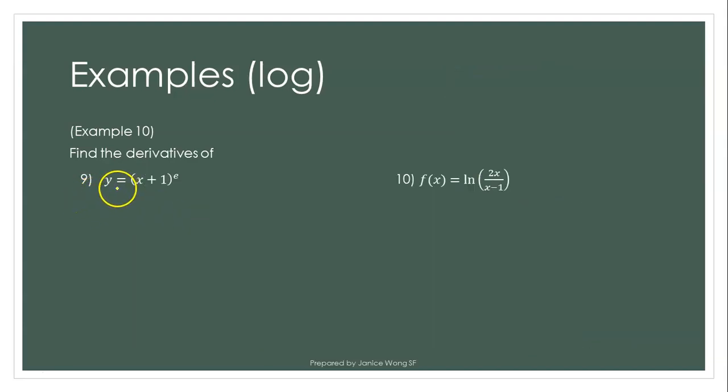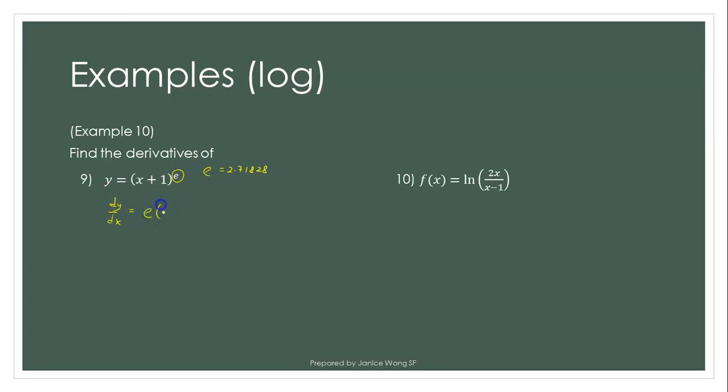Number 9, y equals (x plus 1) to the power of e. The power is e. It is not a function in terms of x. e is a number, 2.71828. So when we differentiate (x plus 1) to the power of e, it is the basic differentiation.